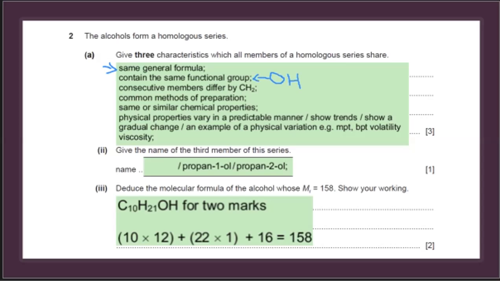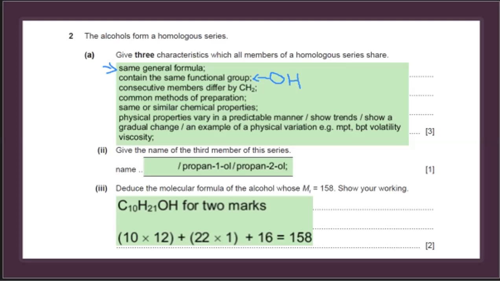Next question, next part. There's a common method by which all alcohols can be prepared. They have a similar preparation method. They share similar chemical properties, and the physical properties, how they vary, show a trend, and it's very predictable, right?